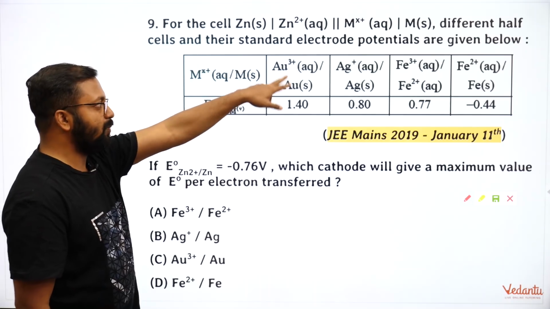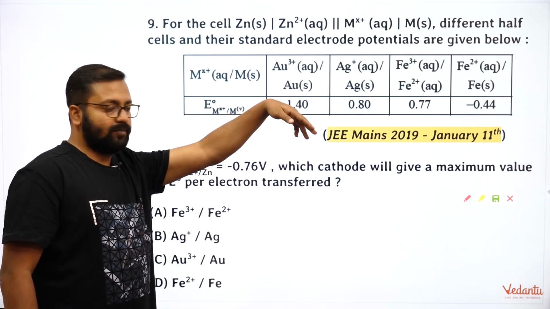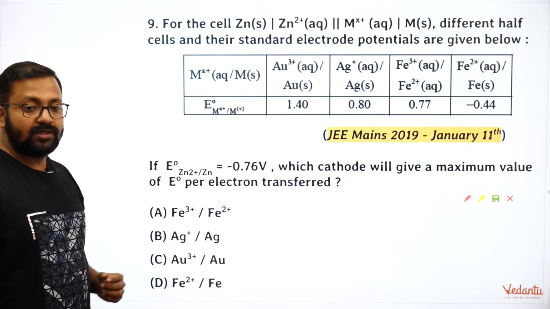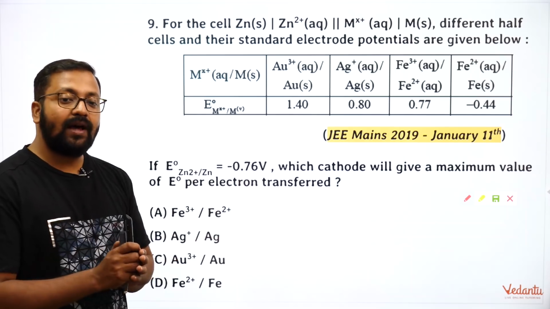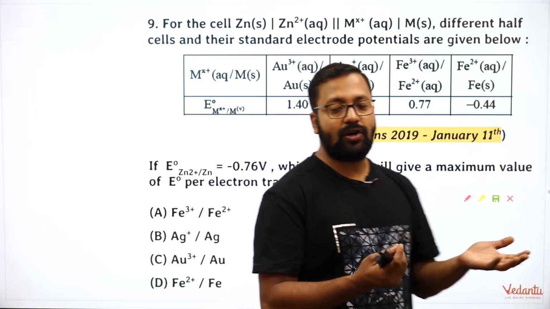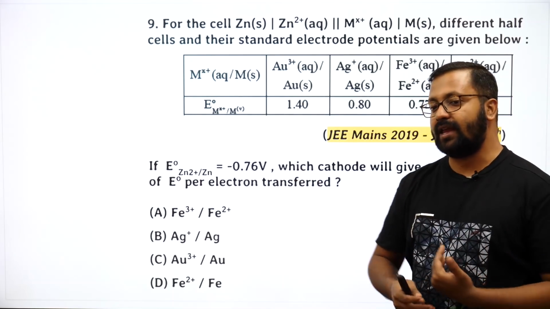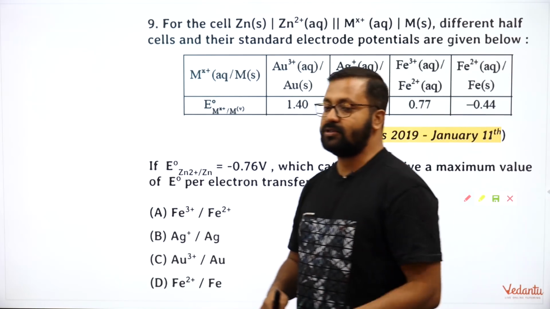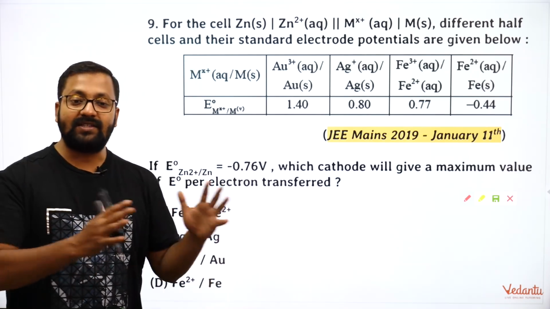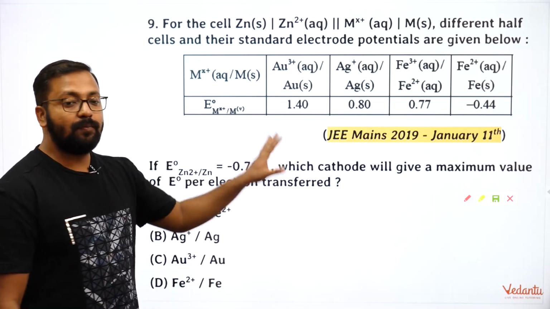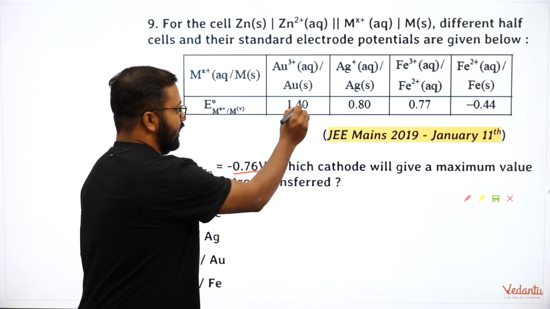For example, Au3 plus is changing into Au, and for this 3 electrons would be required. Zinc 2 plus is changing into zinc, 2 electrons would be required. लेकिन अगर दोनों को मिला दिया हमने, तो the reaction will automatically balance the 3 electrons given out or 2 electrons taken in, or 2 electrons given out and 3 electrons taken in, to come to a common number of electrons, that is 6. So it will not make any difference. You can directly add these values.